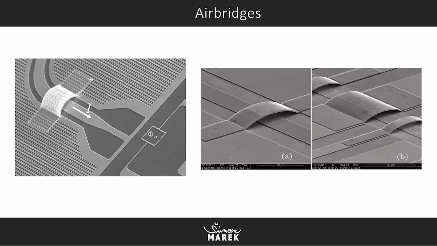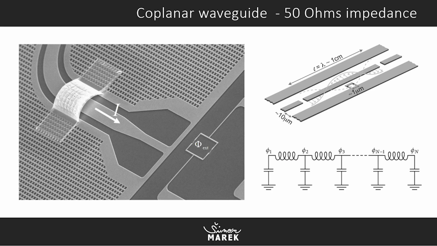You also need air bridges, which are these little components which can be used to shield the path for traveling wave parametric amplifiers. So this is one thing which can be used for amplifiers. Also the coplanar waveguide, which is the line here.